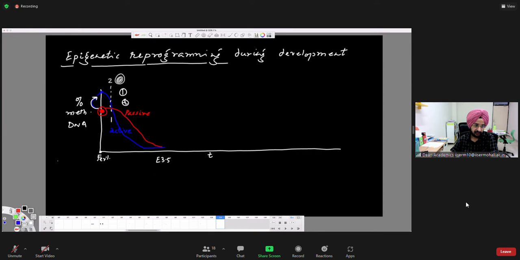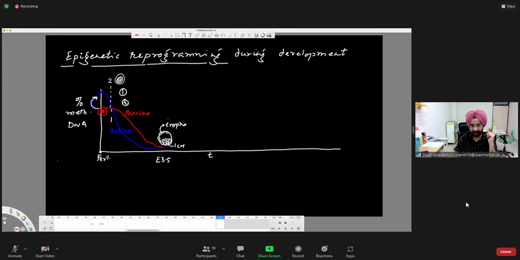And you know that most of the genome in the blastocyst, the inner cell mass, ICM, right? ICM has demethylated DNA. But this is the trophoblast, which remains methylated. Okay, it remains methylated.